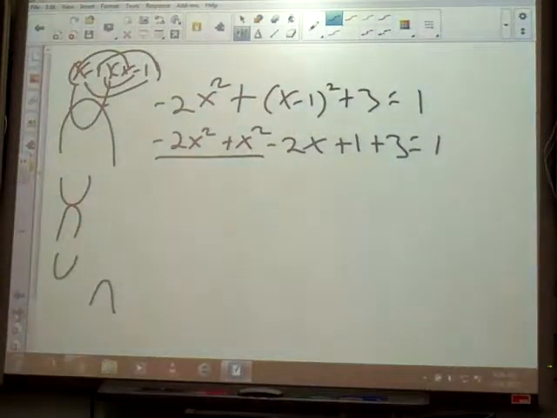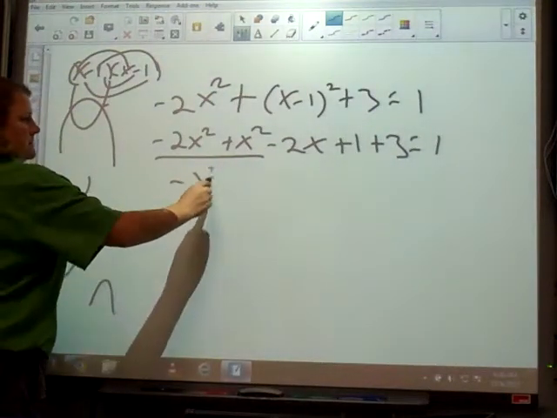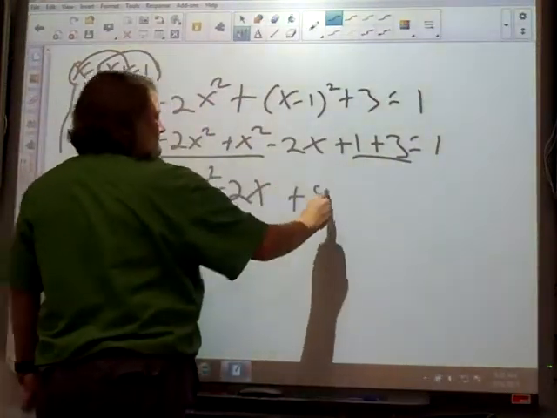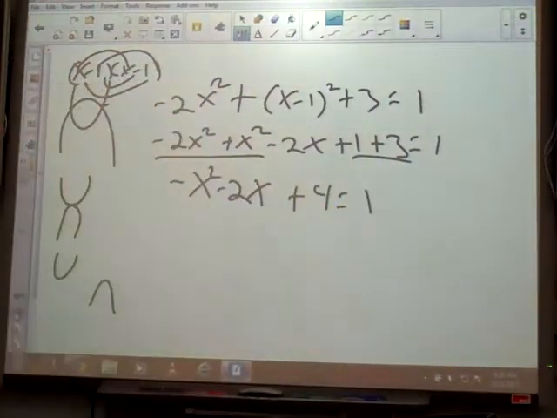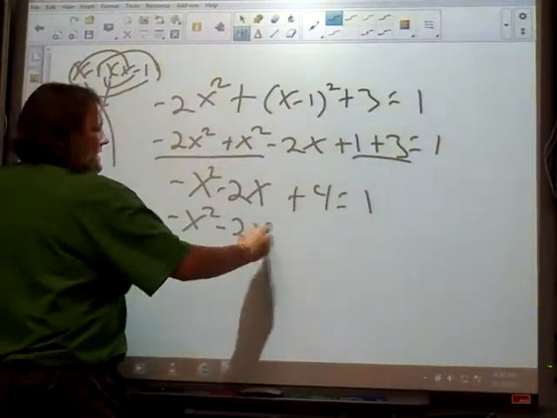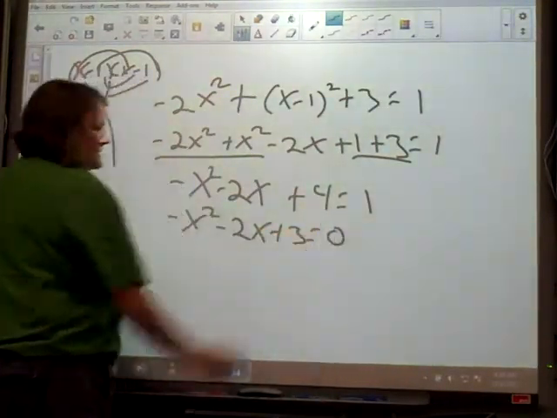That's negative 1x squared. That's 4. I've almost got it to a quadratic. I need to do what Stephen said and move that 1 over, so it's going to give me negative x squared minus 2x plus 3 is equal to 0.